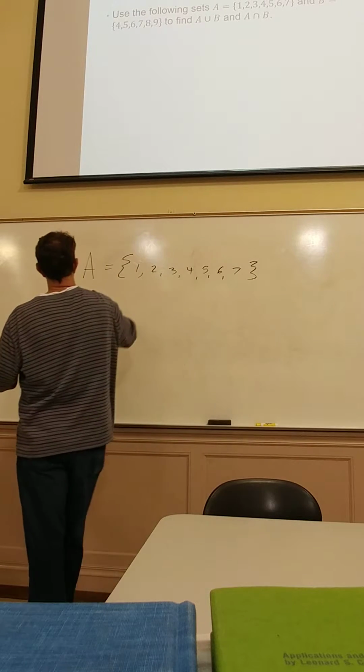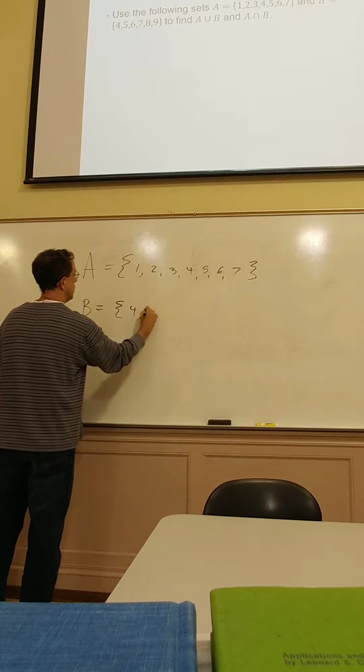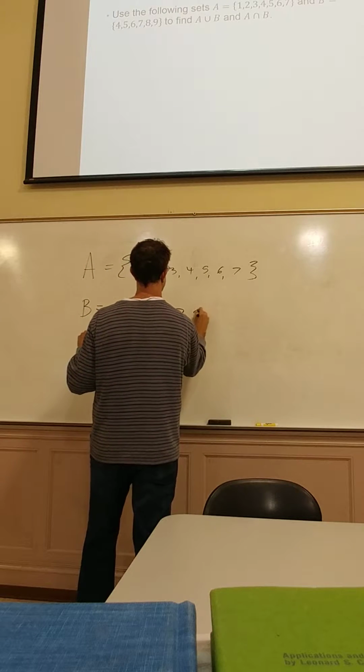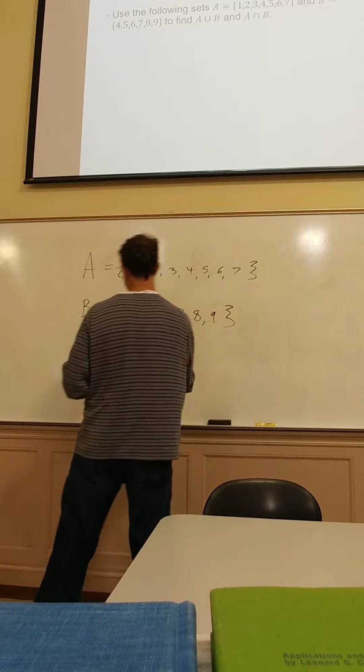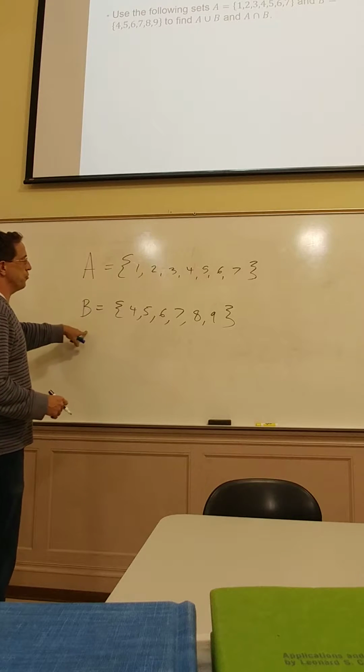B is 4, 5, 6, 7, 8, 9. So those are my two sets.